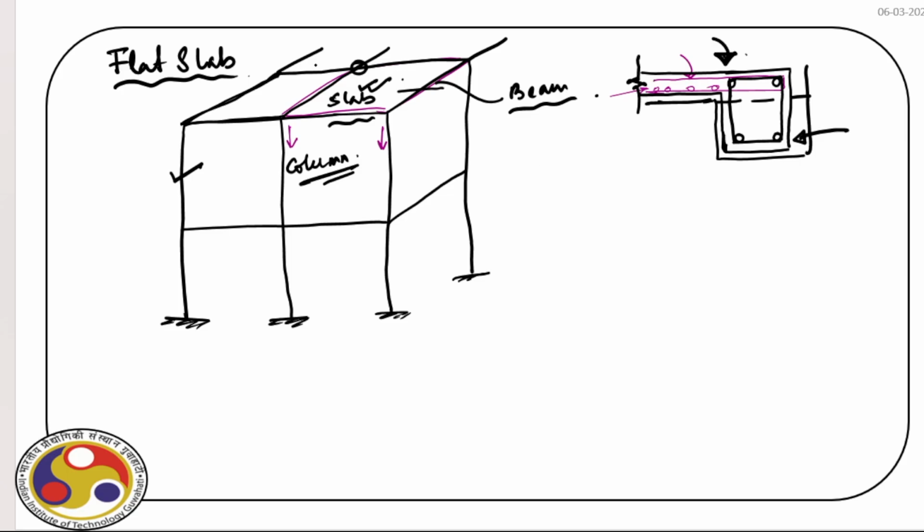The question is, can we design that? It has other advantage from the architectural point of view, because when you have a frame structure, you can always see these beams. So for structures where aesthetics has some importance, then we may avoid these beams and directly place the slab over the columns.